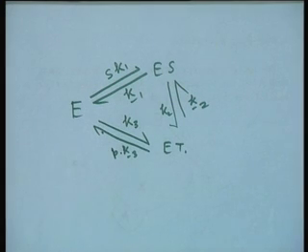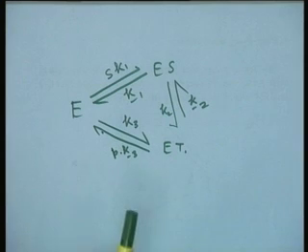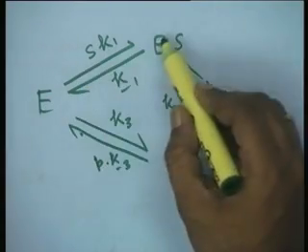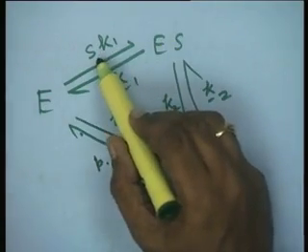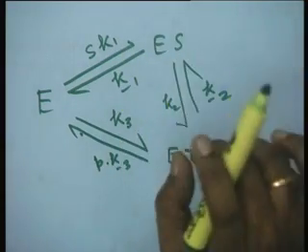Basically we write the rate constant for all these steps in the cyclic form, making them first order rate constants. For example, wherever a substrate is involved, such as in the binding of enzyme to substrate, the rate constant can be written as S into K1. Where there is no substrate involved, only the simple rate constant can be written.